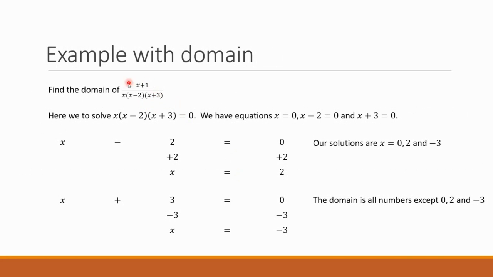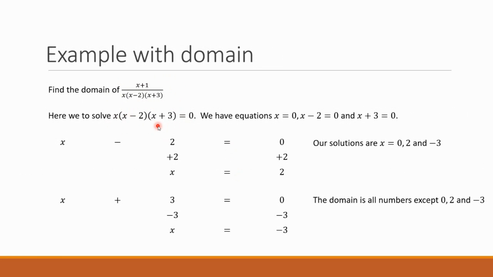For instance, let's find the domain of this rational expression. We have the denominator, which is this. Here it's nice, it's already factored for us. Now we're going to set this product equal to 0.